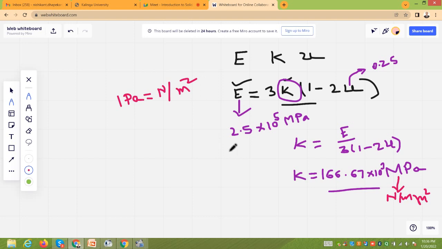So in this way, if you know the relationship between modulus of elasticity and bulk modulus of elasticity, you can calculate any one parameter out of the 3 parameters. One more variation I shall discuss here. If you know the value of E and K, you can easily calculate the value of Poisson's ratio.